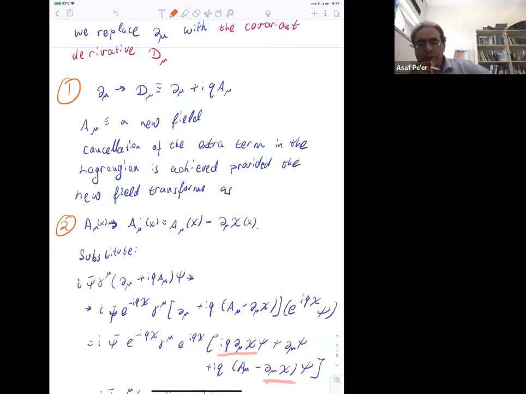A mu would go as A mu prime, which is A mu minus d mu chi. And when these two conditions are met, then the modified Lagrangian is now invariant under local gauge transformation.